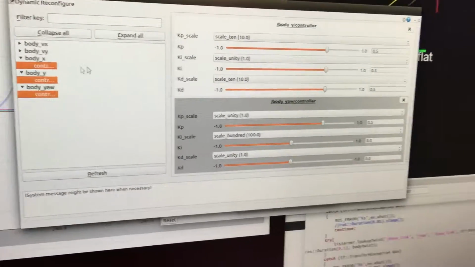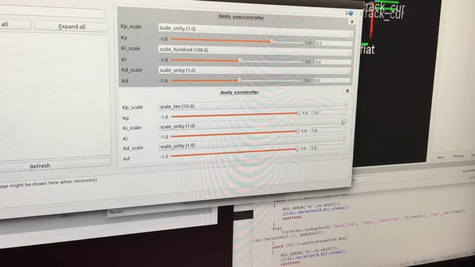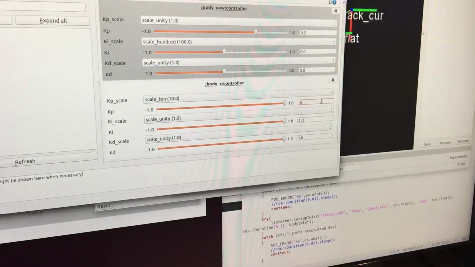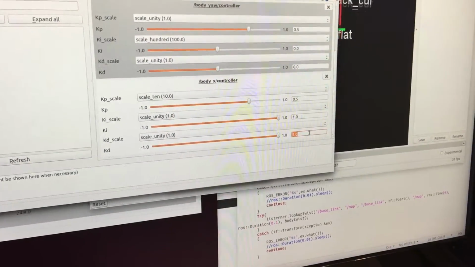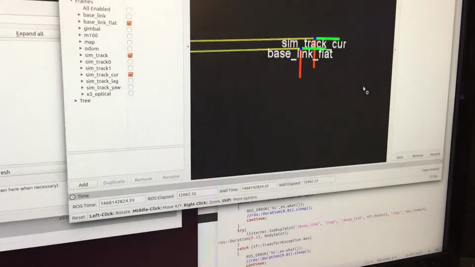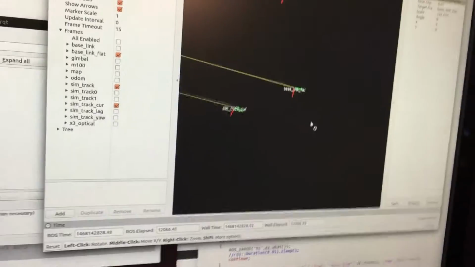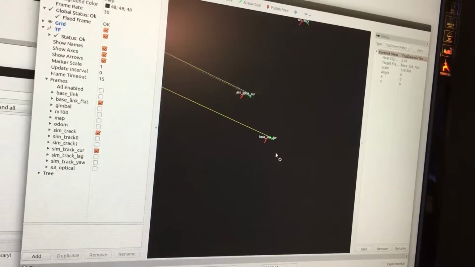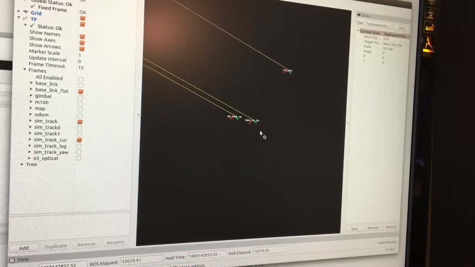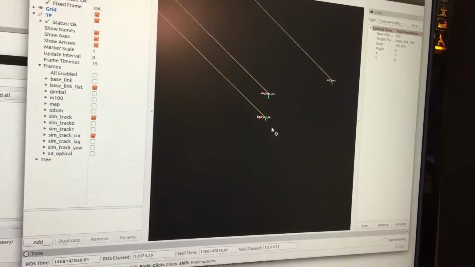See if I can fix it before it crashes on me. So there we go. I adjusted the PID values, so I decreased the gains and also the derivative and the integral portion.